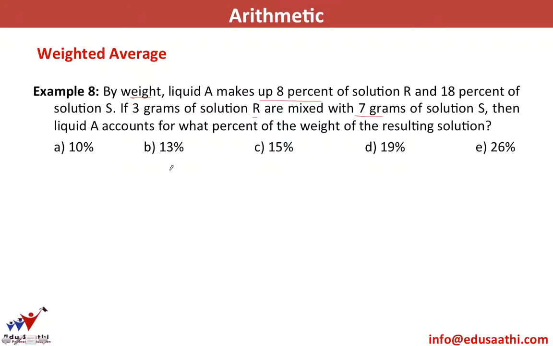Liquid A makes up 8% of solution R and 18% of solution S. I'm taking 3 grams of this and mixing 7 grams of this. Then liquid A accounts for what percentage of the weight in the resulting solution? I basically have to find out the average that I get.